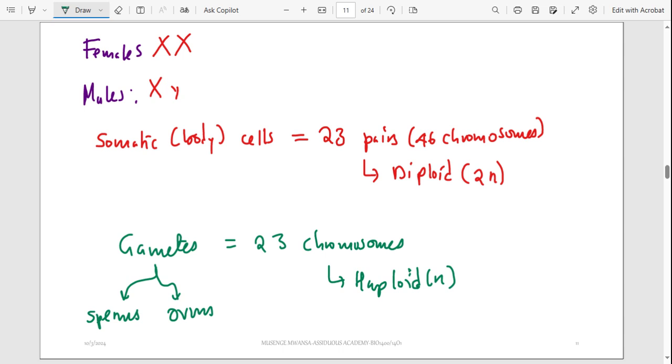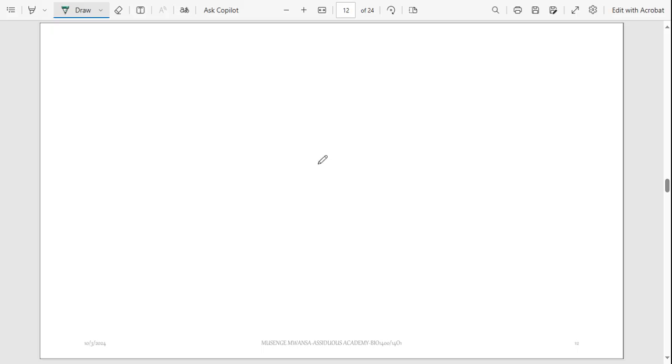Okay. So another thing that we need to know, now that we understand what a chromosome is, is what a gene is. Let's say we pick a chromosome. Let me try to write a chromosome. Here is a chromosome. I'm just drawing a single one that doesn't have a sister chromatid, and there is a centromere.